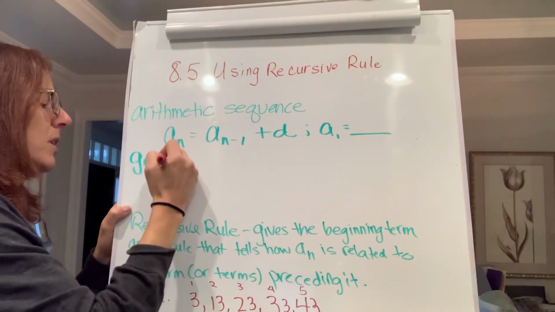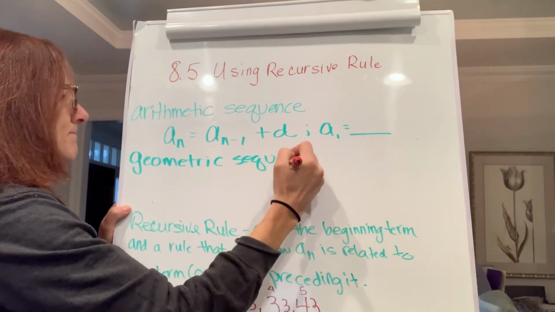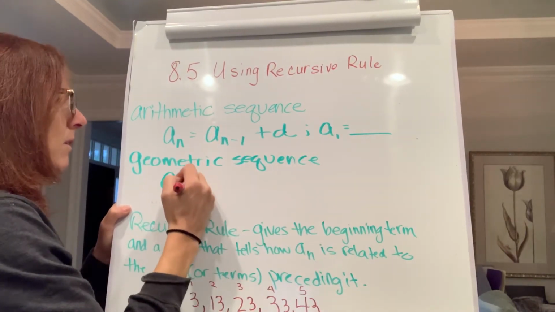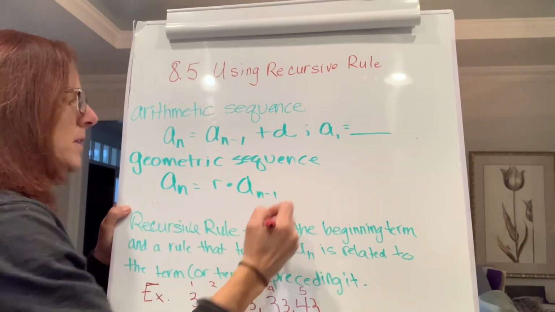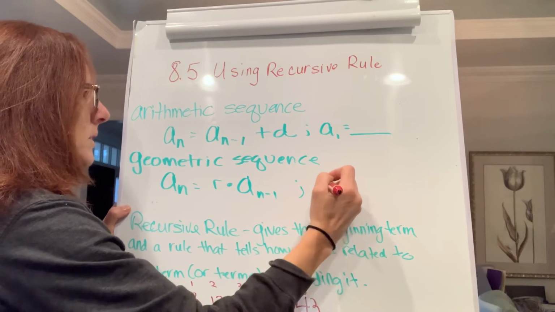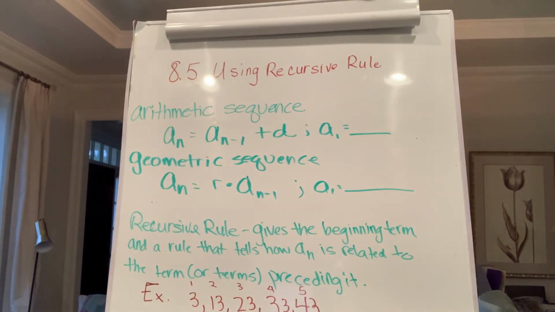For geometric, you take r and you multiply it by a_(n-1), and again you need to tell me where I'm starting, what the first term is. Okay?